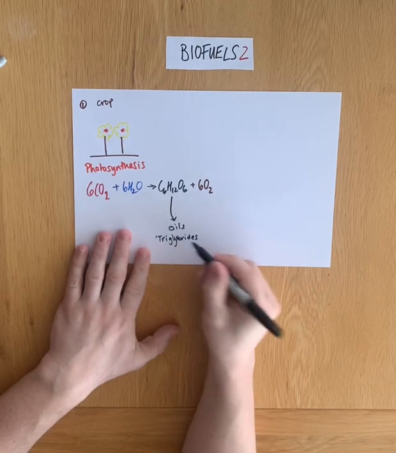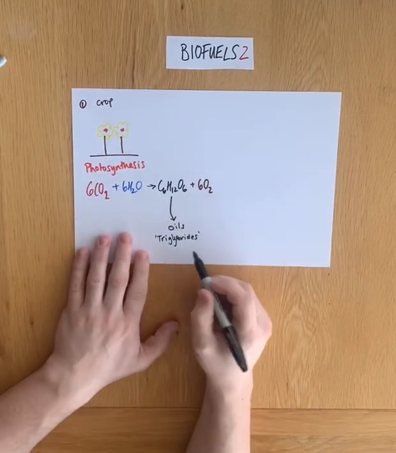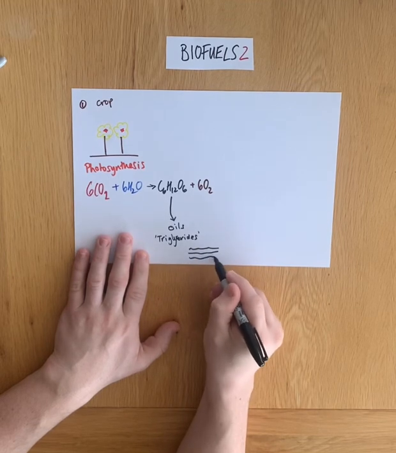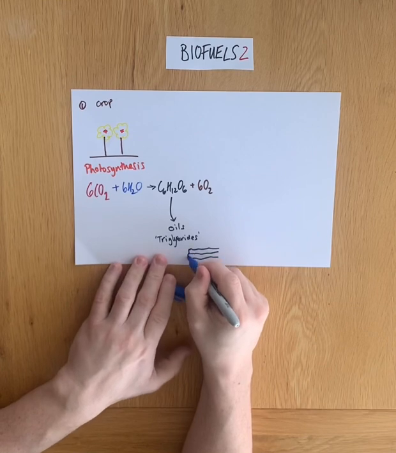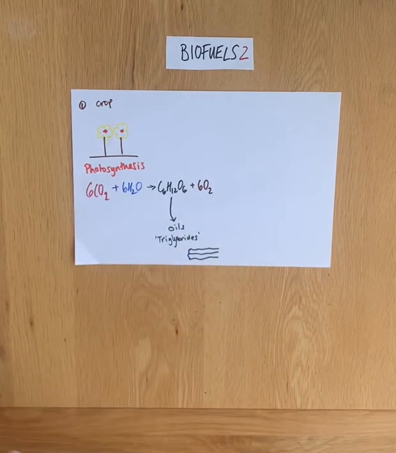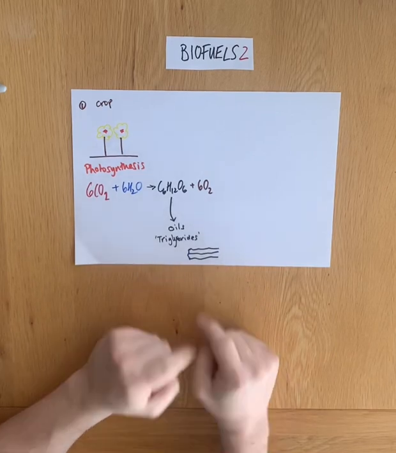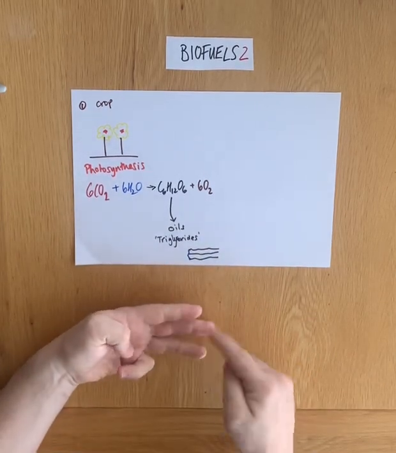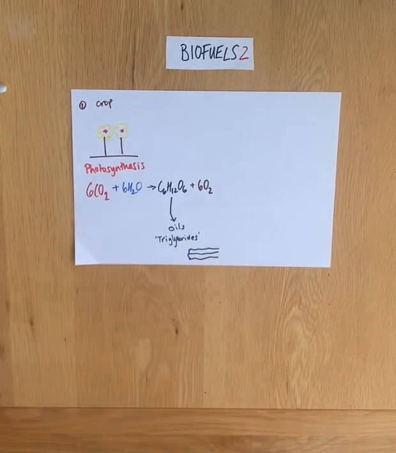So triglycerides have basically got 3 fatty acid chains stuck together, bonded to something called glycerol, as they call it in biology. So it's this large oil compound. Each one of those fatty acid chains could be useful and could combust like diesel.